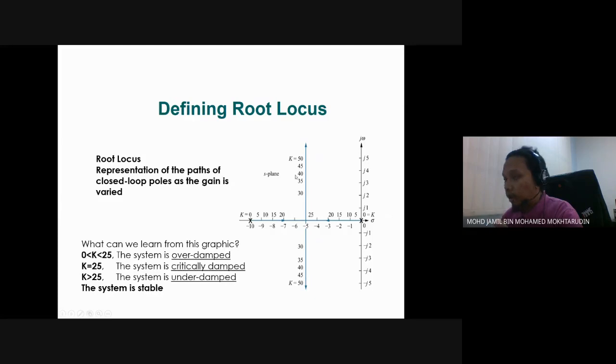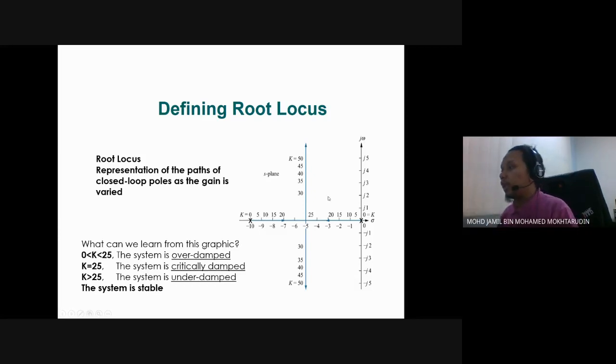Here, because all the poles are on the left-hand side of the S-plane, the system is stable for values of K bigger than 0. If you have a negative value of K, then the system will be unstable. So all of the poles here are for a stable system.